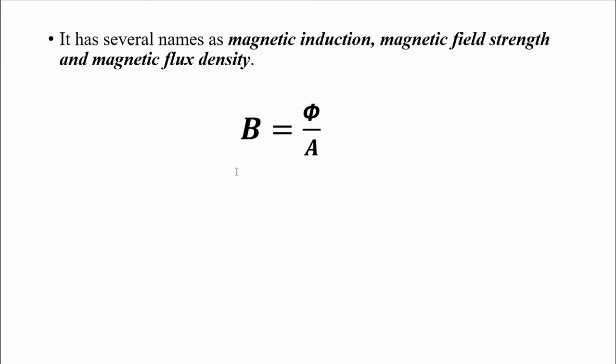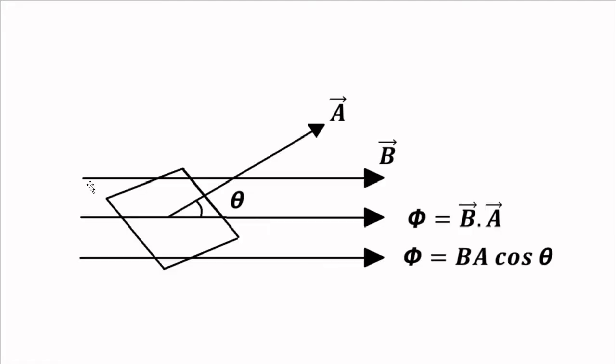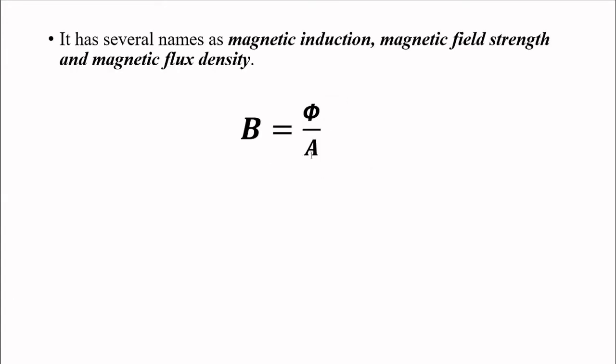That's when theta is equal to 0, then cos 0 will be 1 in that case. So this is the magnetic flux, the number of magnetic lines of force crossing the surface area, and magnetic flux density is the magnetic flux per unit area.